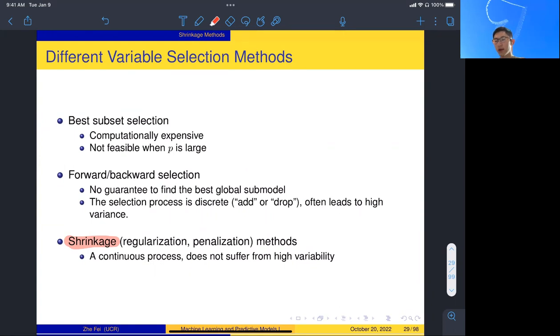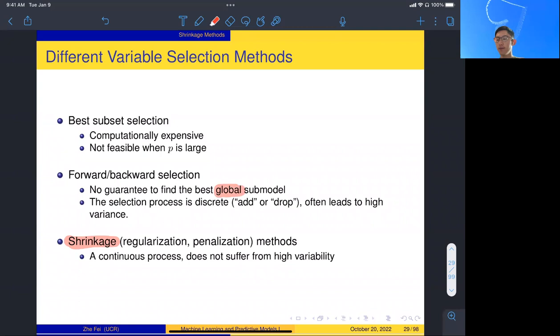And for forward and backward selection, there's no guarantee to find the best global submodel. It's a local solution, and the selection process is discrete. So in other words, your selection process is not robust.